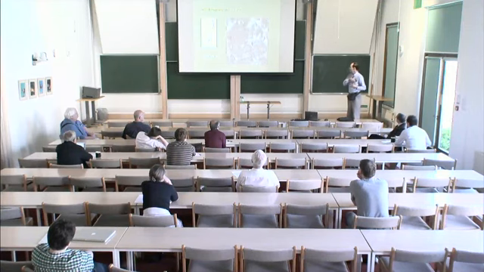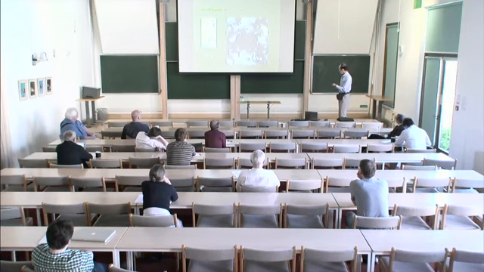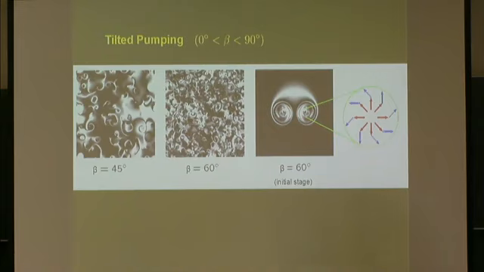Yeah. Sorry. So this is the final state. As we change the beta, the spirals get smaller. And why do we have spirals? That's very simple. Suppose that we have a radial defect here.